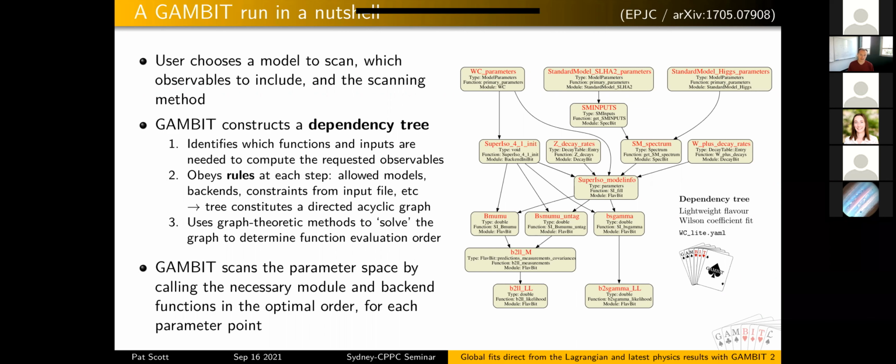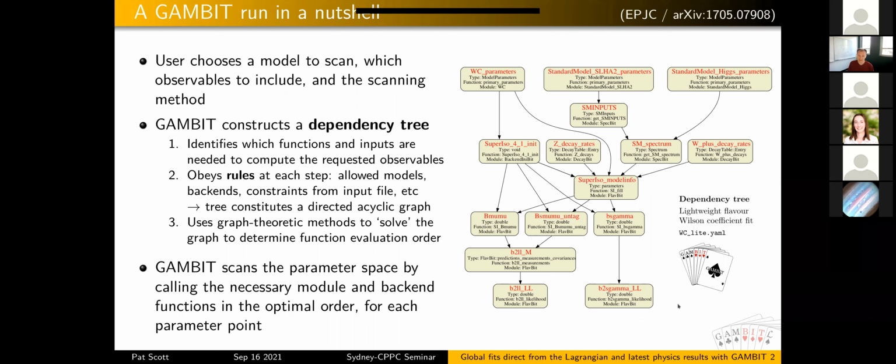So in this particular example I've got here, this is a scan of some Wilson coefficients for flavor physics, and this is just using two observables from flavor physics, B to S gamma and B to LL.